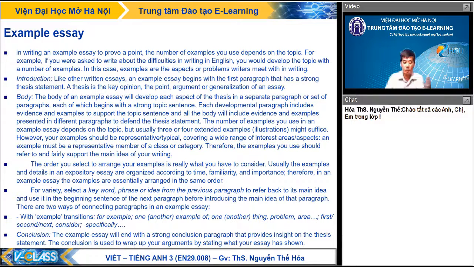In the example essay, you have to end with a strong conclusion paragraph that provides insight into the thesis statement. In some cases, you may rewrite the thesis statement in another structure. The conclusion is used to wrap up your argument by stating what your essay has shown.